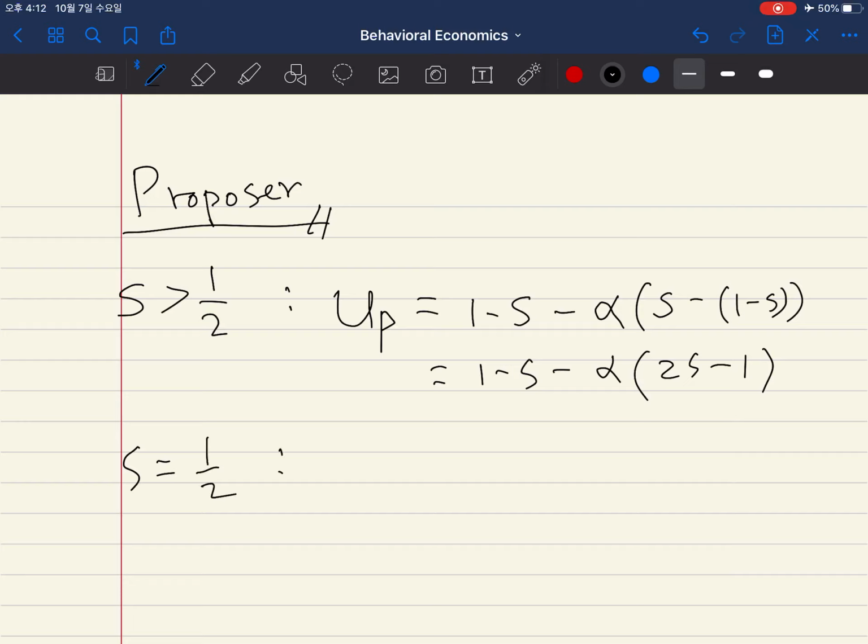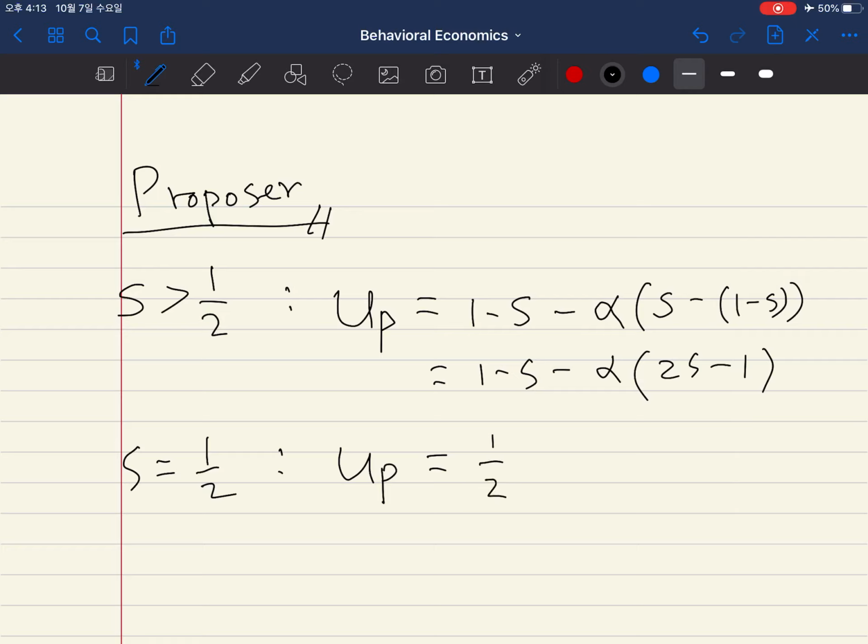What if the proposer offers exactly half? If the proposer offers exactly half, then the proposer's utility is first his own consumption. The proposer offers S to the responder, and the proposer's share is 1 minus S, and 1 minus S is equal to half in this case.